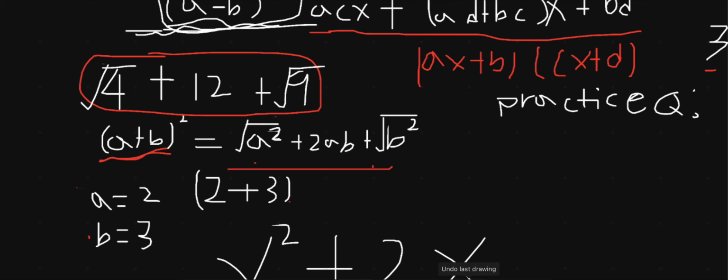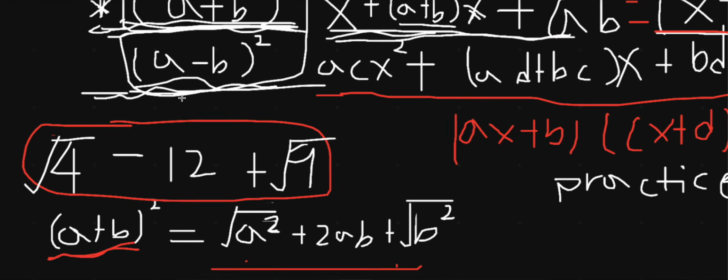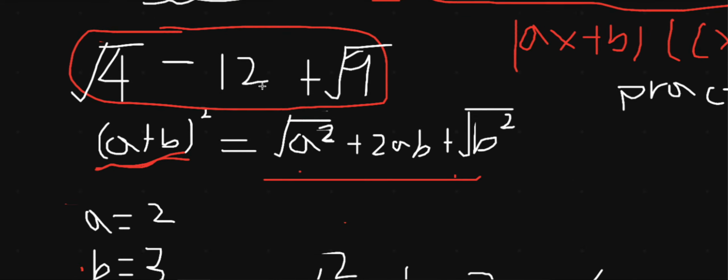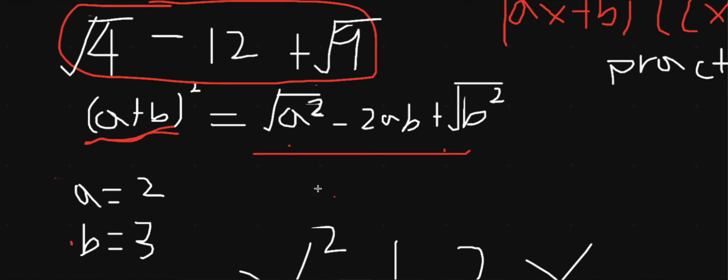But what if it's a negative? What would you do for this? Do you remember the multiplication rule for this? Well, it's actually just this, but here it's a minus. So you had the right idea about this.